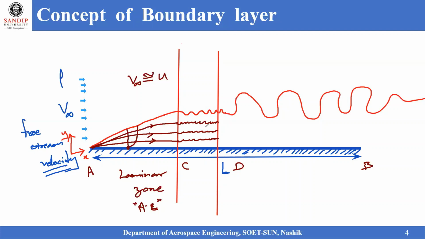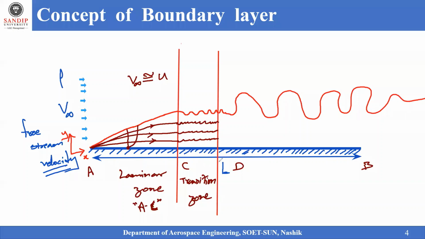Some disturbance is raised in this region after reaching the point C. The flow started transitioning from one type to the other type, so that zone we call a transition zone.